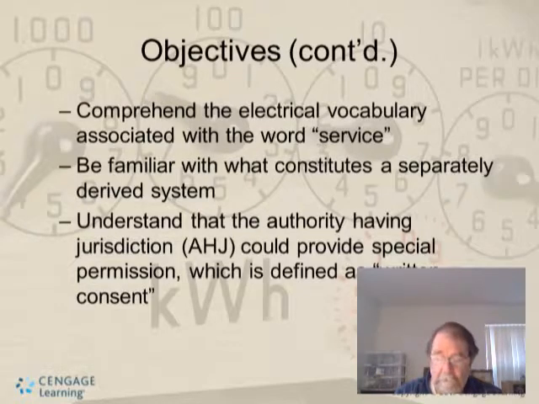Part 1 of Article 100 contains definitions to be applied wherever the terms are used throughout the NEC. Part 2 contains definitions applicable only to the parts of articles specifically covering installations and equipment operating at over 600 volts nominal.